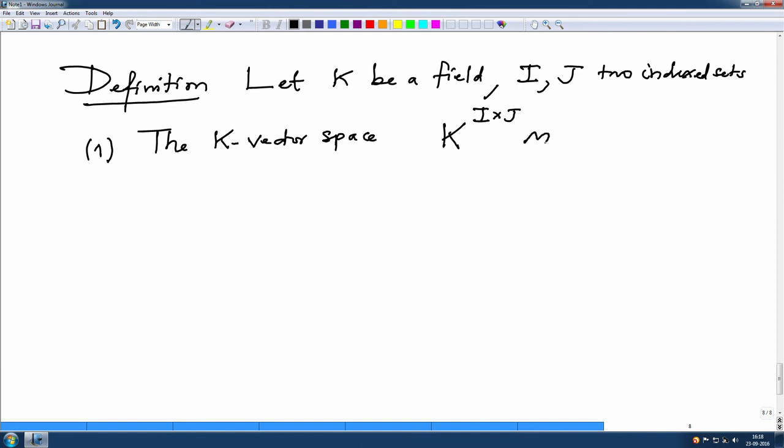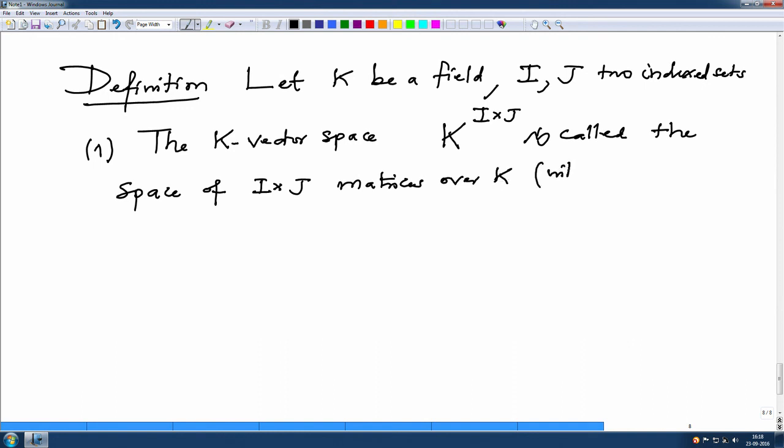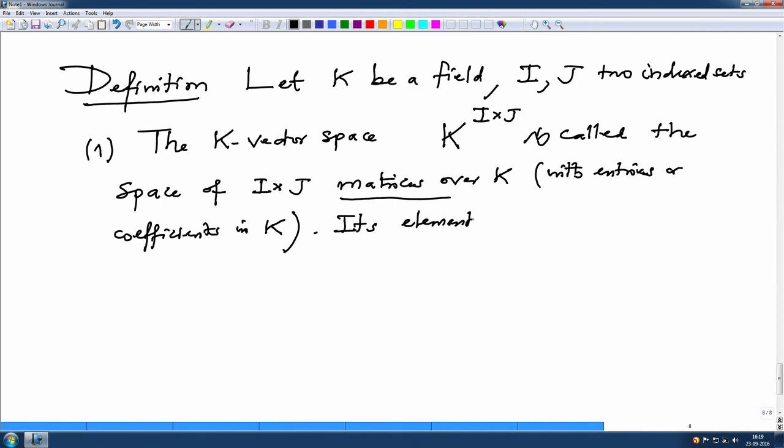This vector space is called the space of I cross J matrices over K, or also with entries or coefficients in the field K. And its elements are called I cross J matrices over K.